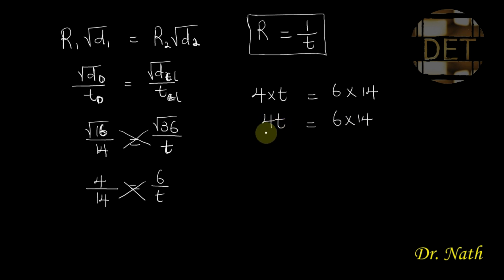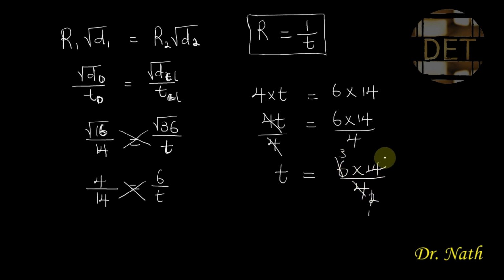So 4t divided by 4 is equal to 6 times 14 divided by 4. This 4 will cancel this 4 to make t stand alone. So t will now be equal to 6 times 14 all over 4. So 2 here is 2, 2 here is 3, 2 here is 1, and 2 here is 7. What I have remaining is 3 times 7, and that is equal to 21.